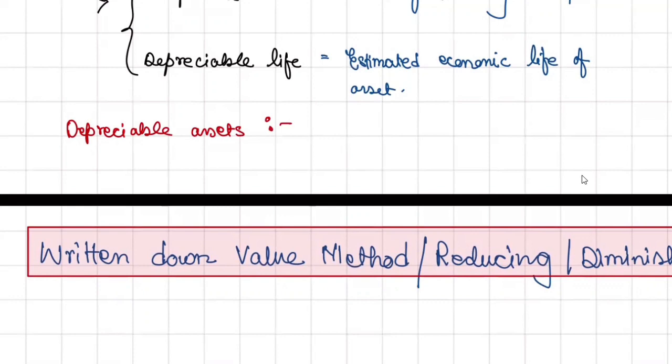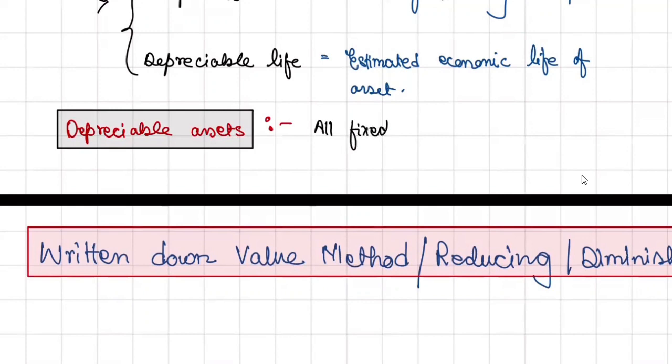My question is, what actually is a depreciable asset? Your answer will be, sir, fixed asset or tangible asset. So you can say all fixed assets, but all fixed assets except land.